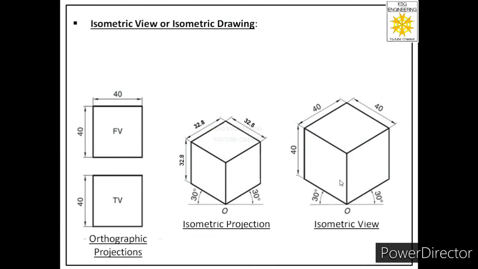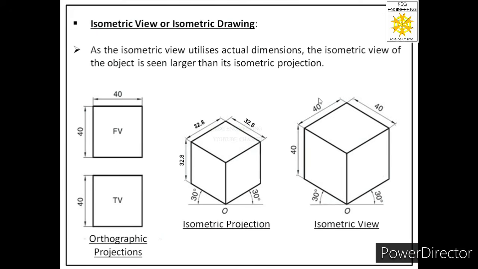And you can see isometric views are slightly larger than isometric projections because we are using actual dimensions. So as the isometric view utilizes actual dimensions, the isometric view of the object is seen larger than its isometric projection.